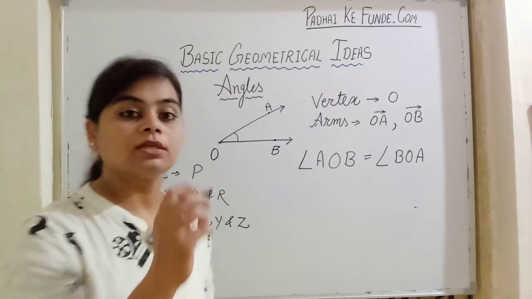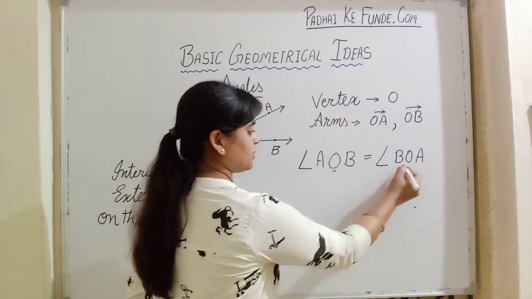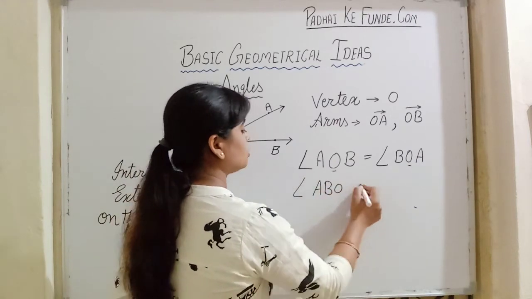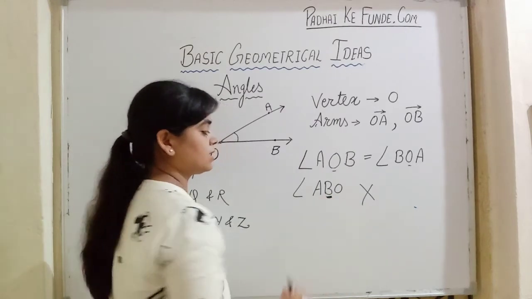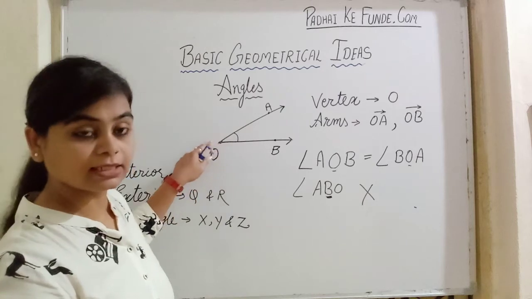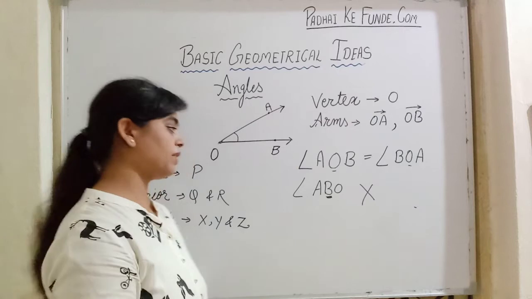But the position of the vertex matters, which should always be at the center. If we write angle ABO, it will be wrong, as it shows that the angle is at point B, but the angle we are getting here is at point O. So this is the manner to write the name of any angle.